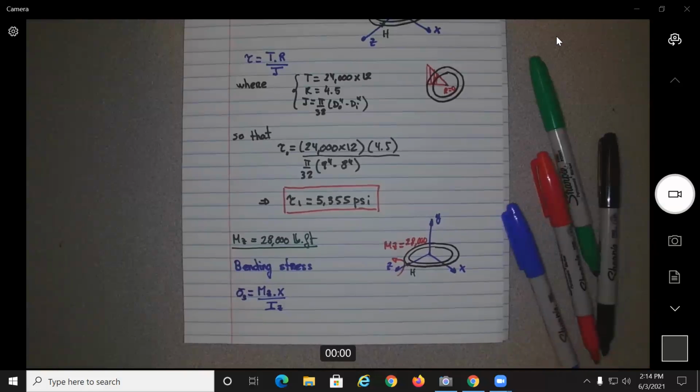So let me ask you a quick question. Can you tell me right away what is the stress at point H? What would be the neutral axis? Would be where? Z, okay.